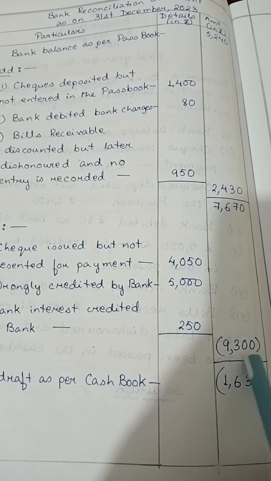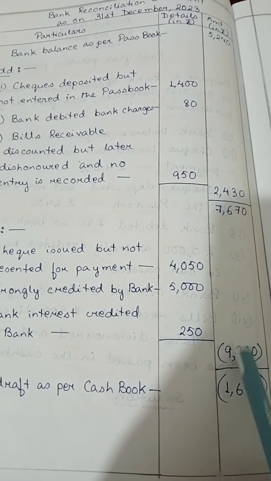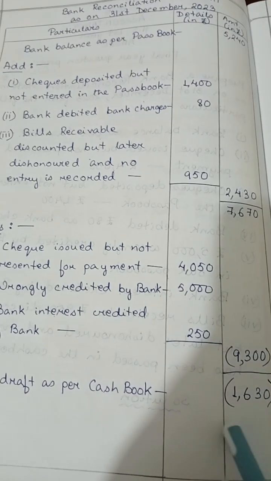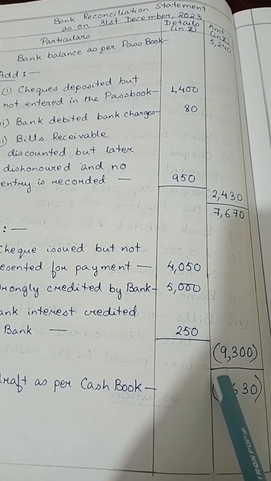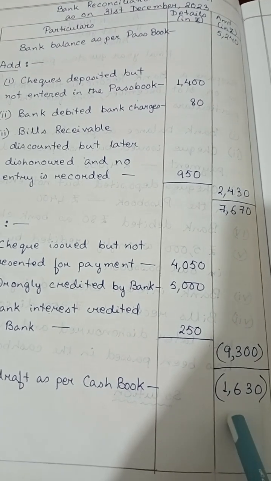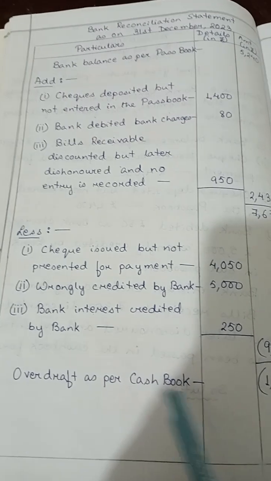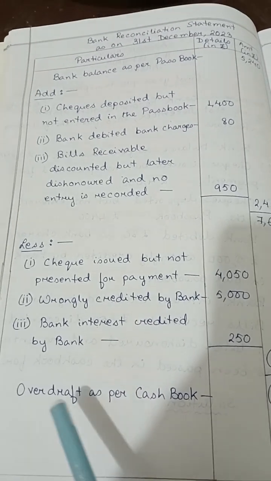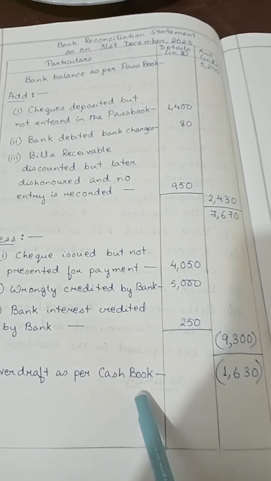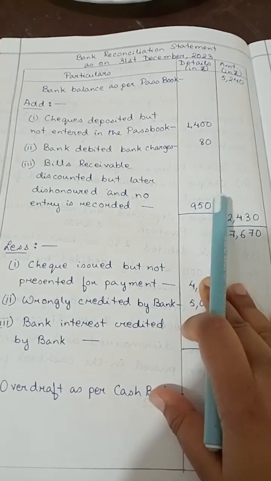Now this amount is higher, so when you subtract, it will be negative. A negative balance as per cash book means it's an overdraft. So hope you have understood the sum.